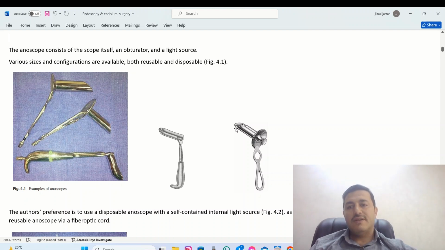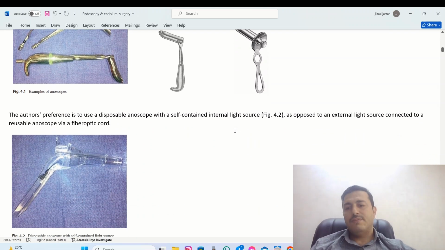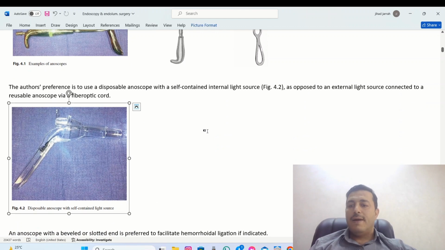The preferred, if we want to talk about what is the best, is to use disposable anoscopes with a self-containing light source, but some financial issues can face us if we want to use disposable anoscopes.